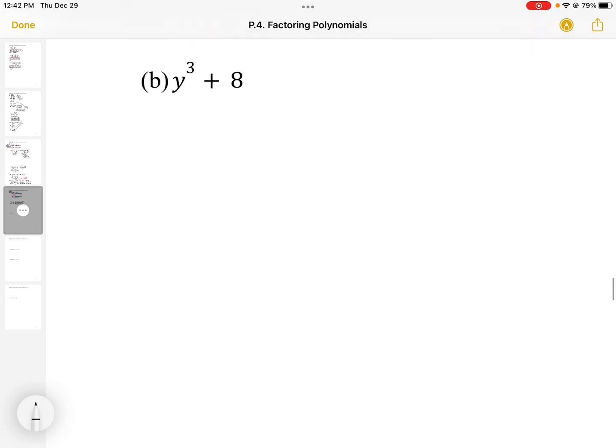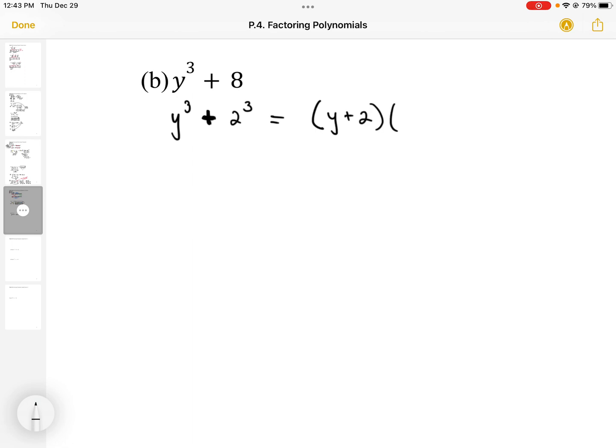One more example. B, we have y cubed plus 8. Our y is already being cubed, and 8 we could rewrite as 2 cubed. So now this is a sum, our addition, a sum of two cubes, and we can follow the notes that I've laid out above. So we have our two bases with the same sign.